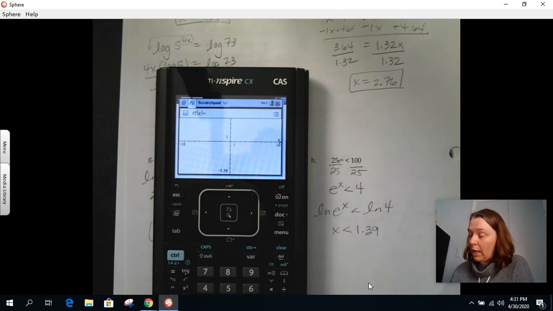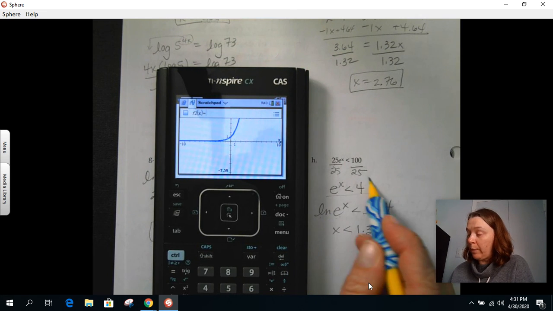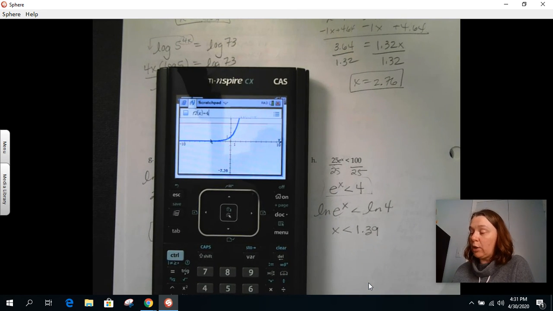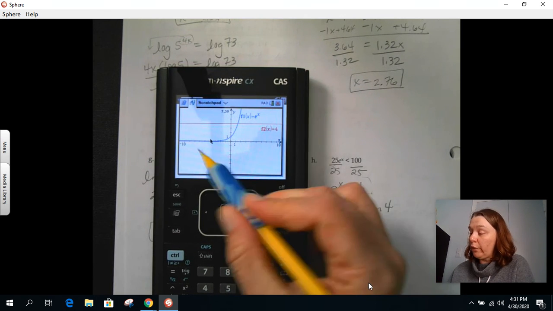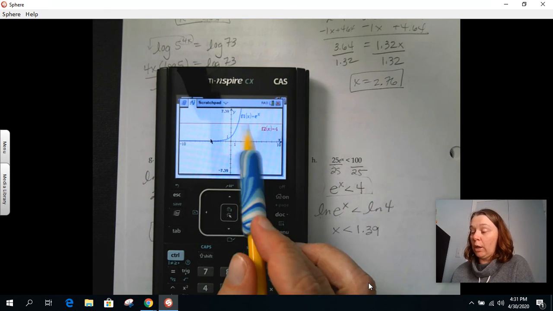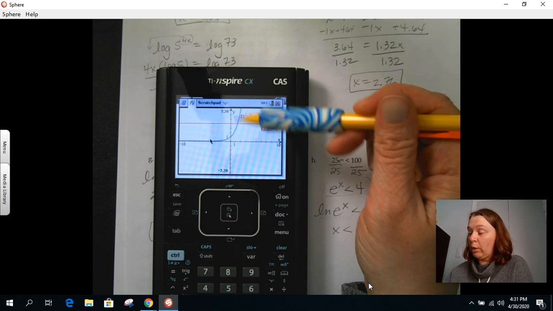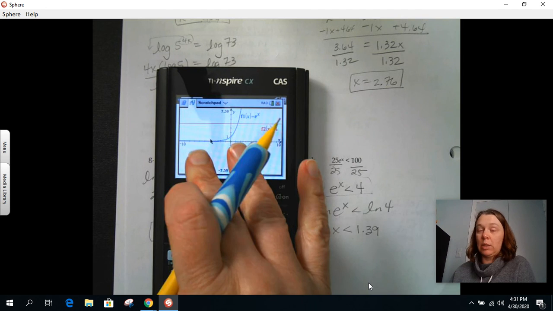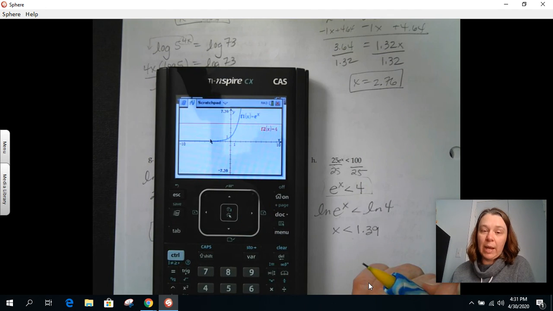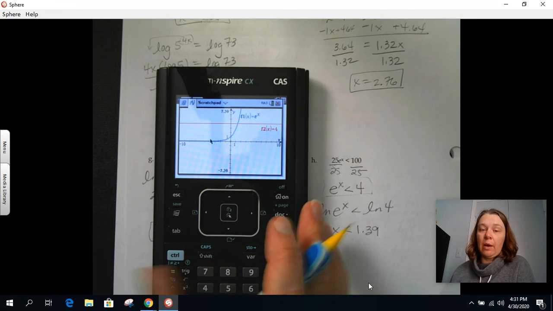So if I were to enter e to the x, and then hit tab and enter just 4, I'm kind of graphing both sides of this, and I want to know for what values this curve is less than 4. Here's the 1.39, and it's every value to the left of that, so it's less than. Sometimes you might notice that it switches, sort of like when you divide by a negative. So just something to keep an eye out for.